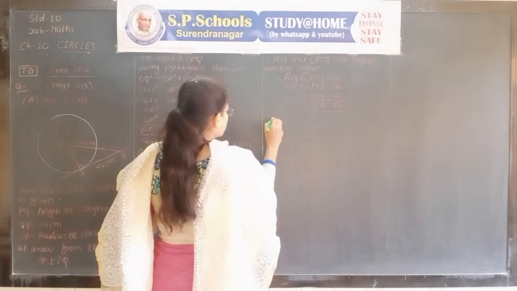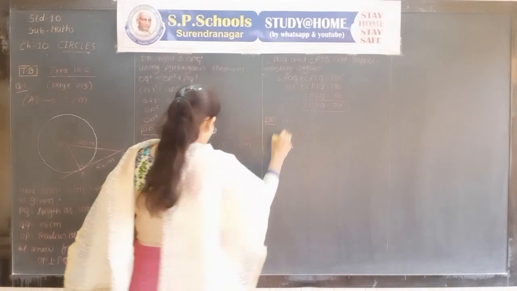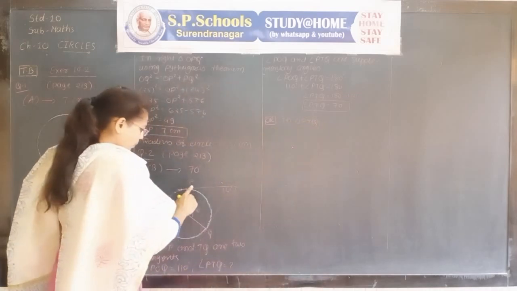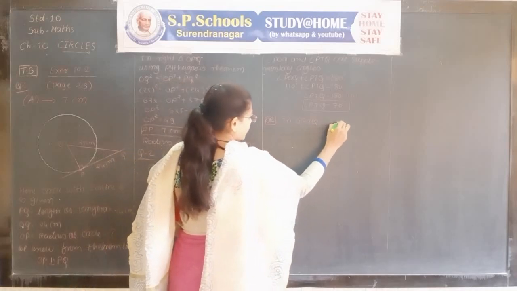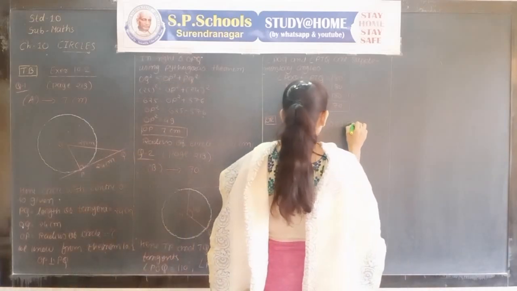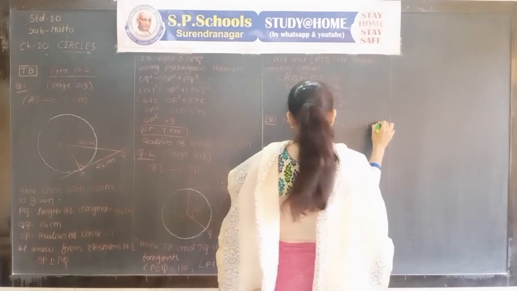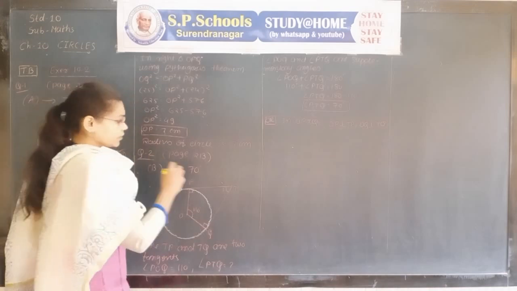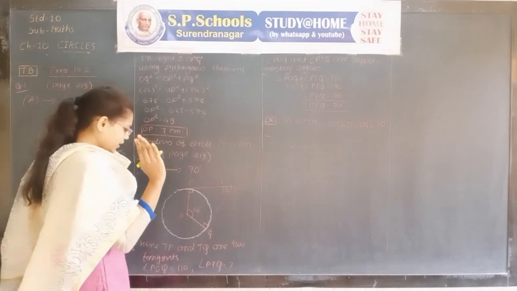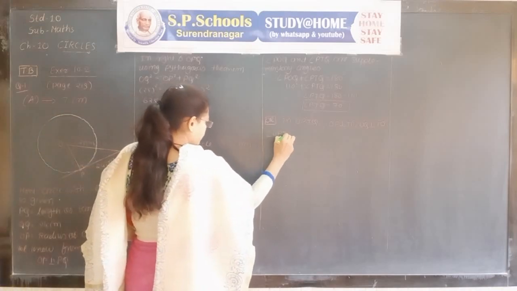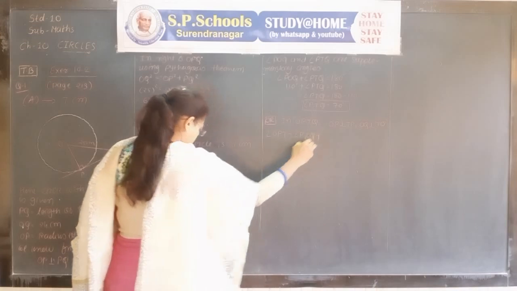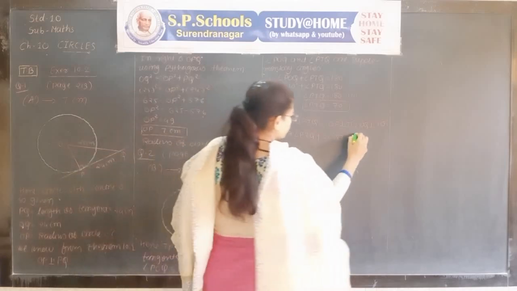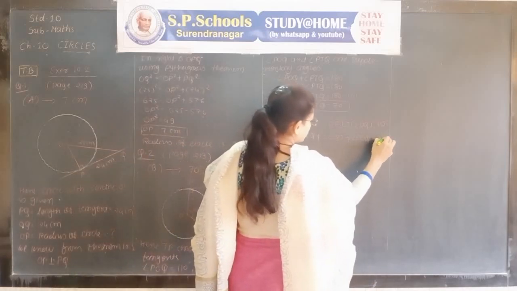Or another method: in quadrilateral OPTQ, OP is perpendicular to TP and OQ is perpendicular to TQ, so that these two angles are 90 degrees. The addition of four angles in the quadrilateral, angle OPT plus angle PTQ plus angle TQO or OQT plus angle POQ is equal to 360.